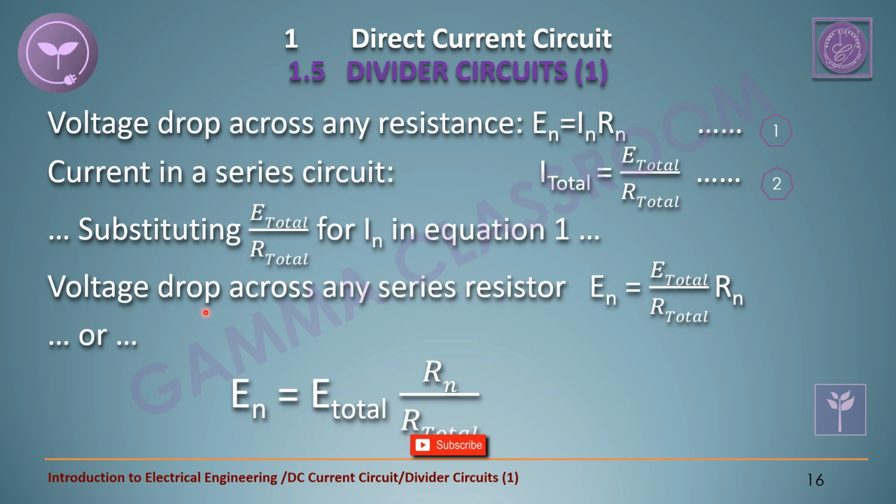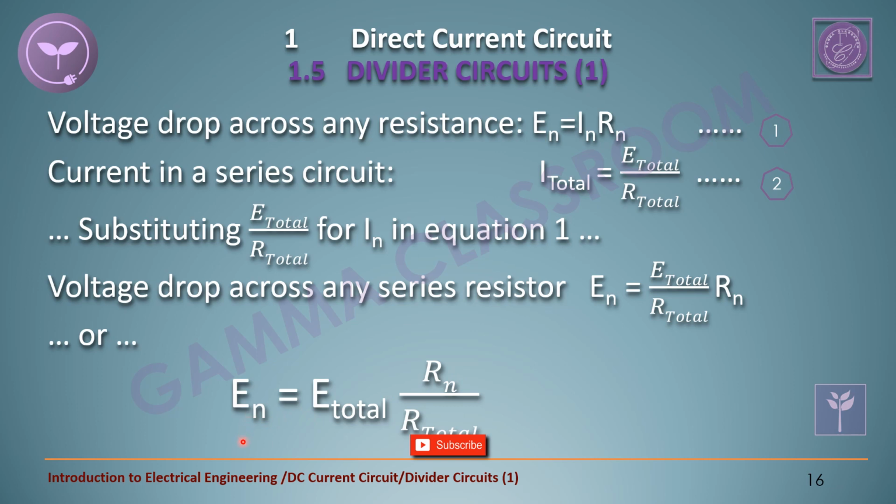So we can write the formula. E_n is equal to I_n times R_n, and I_n is equal to E total divided by R total. So E_n equals E total divided by R total times R_n. We change it a little bit. We move the E total, the voltage, out and move the R_n to this side.